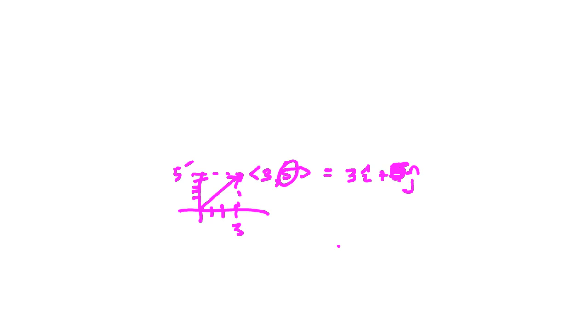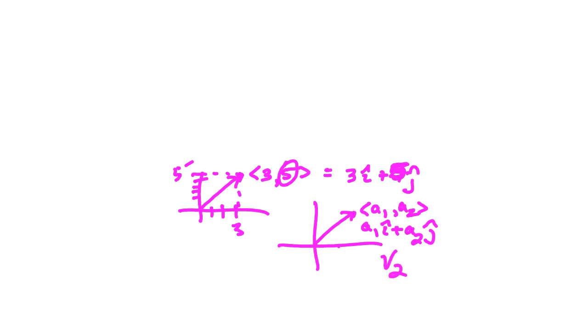So anyway, we have that. In general, if I have a vector A1, A2, then I'm going to be able to rewrite this as A1 I hat plus A2 J hat. So this is the two-space vector representation. What's the difference between these two? This has two different components, right?